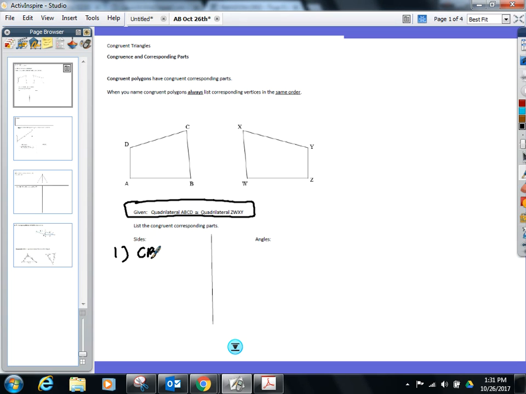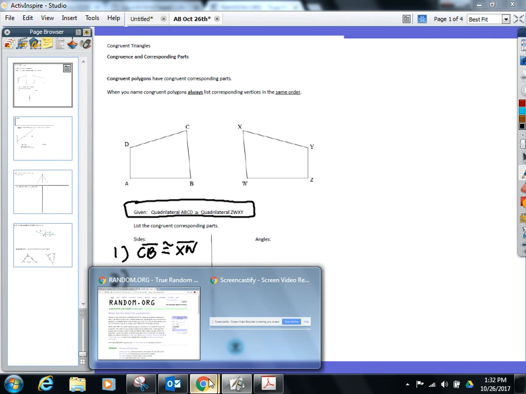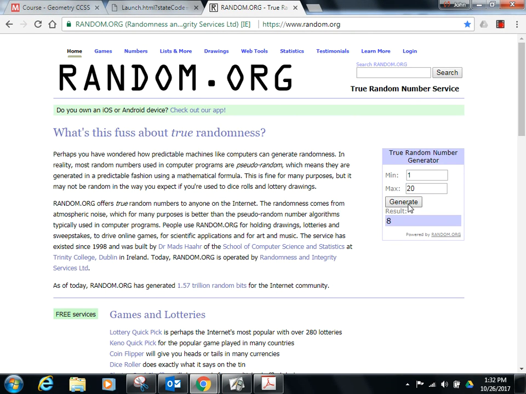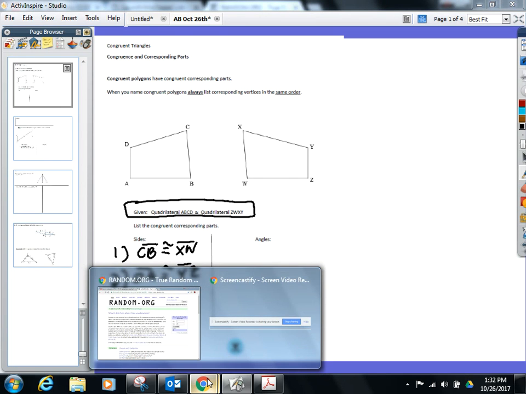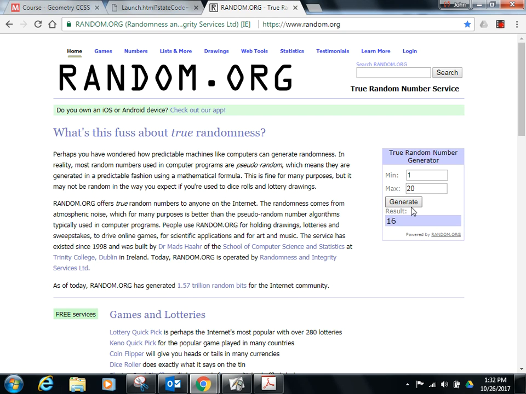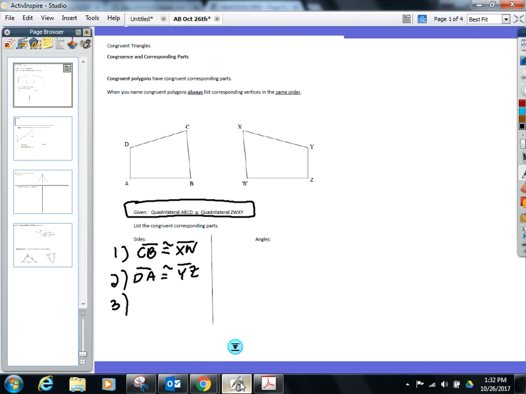CB and XW. Segment CB, congruent to segment XW. They do correspond, and because the polygons are congruent, that means they're congruent. All right, another pair of sides that are corresponding, meaning they're congruent. Here we go, 8. Line segment DA is congruent to line segment YZ. There you go. Two more that are congruent to each other. 16.